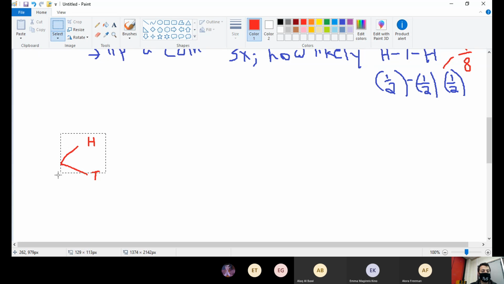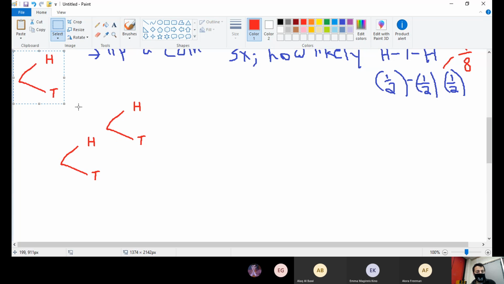Now, what I'm going to use right here is called the tree method or the forking method. It works like this. If I were to flip that coin again, I have 2 options, heads or tails. And if I were to flip the coin a third time, I still have those same 2 options.